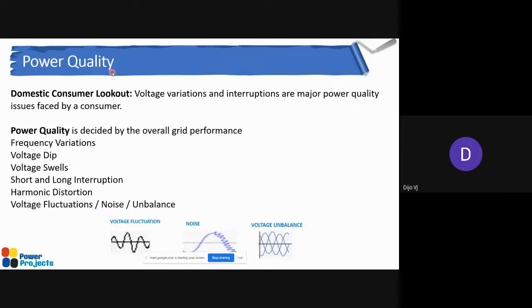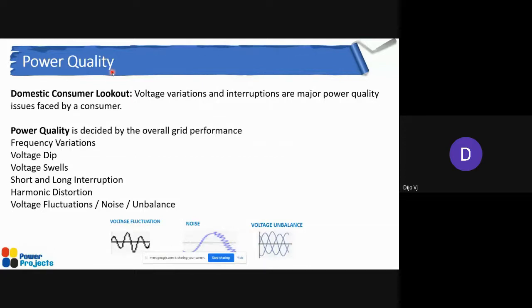Okay, let's try to understand what we mean by power quality. Maybe a general lookout, for a normal consumer, is that when he says I get a good quality of power, he means that the power interruptions are fewer, probably very few, or maybe the voltage variation, which can be seen from the lights itself.